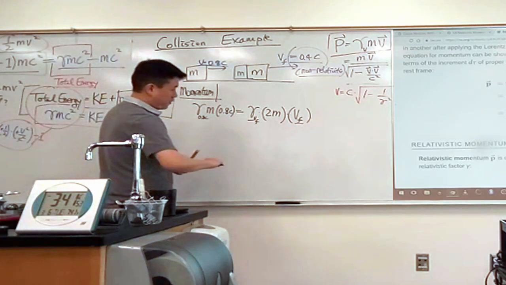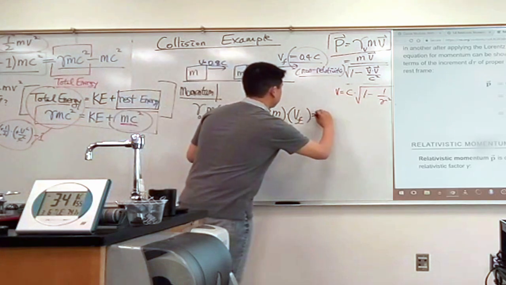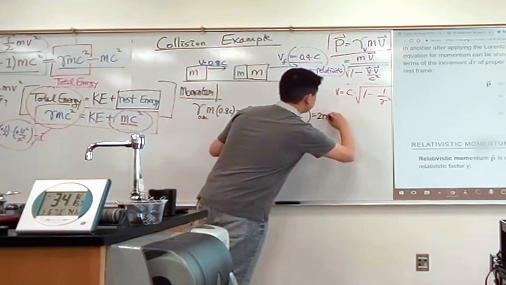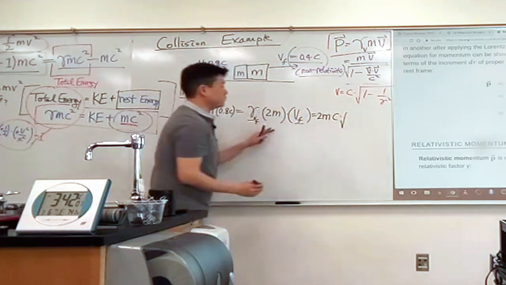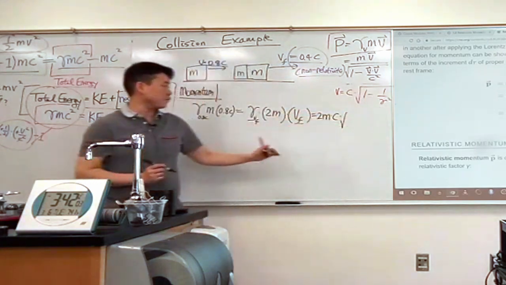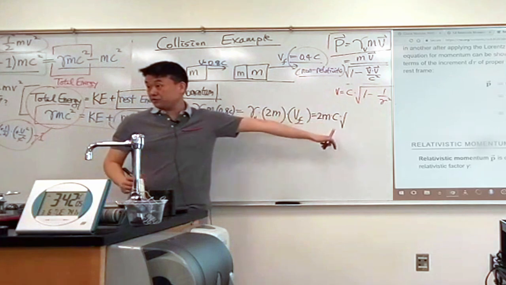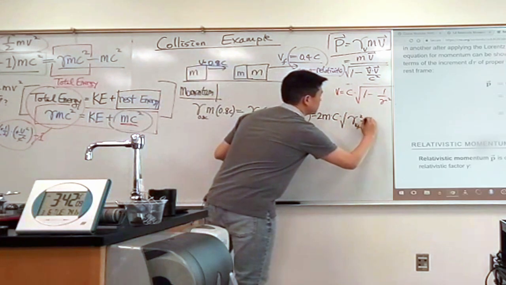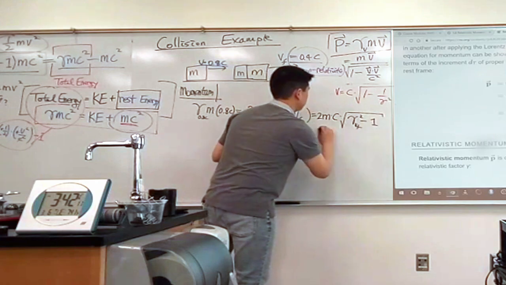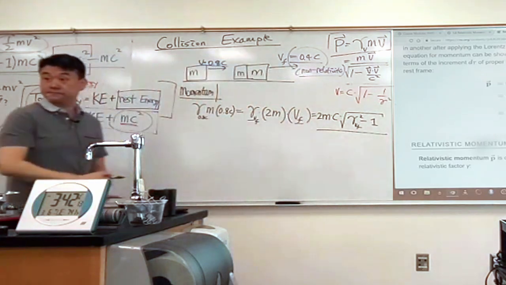And in terms of that one unknown, I can write it this way. So 2m times this c times square root of, so I had the 1 minus 1 over gamma squared. I'm going to absorb this gamma into it. So it's gamma v final squared minus 1.